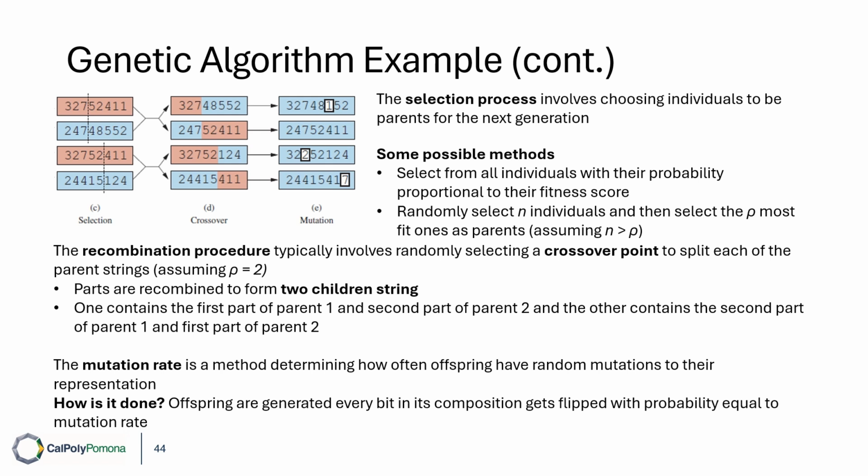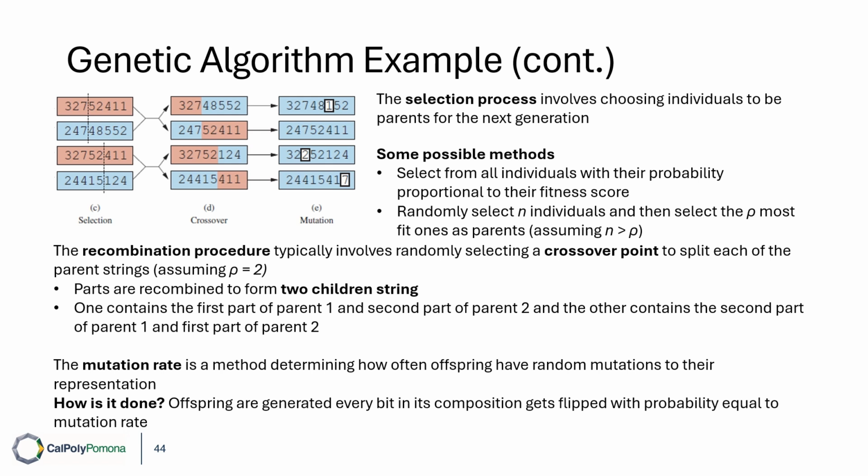We then randomly select individuals and select the P most fit ones as parents, with the assumption that N is greater than P. Now, the recombination procedure typically involves the selection of a random crossover point on each of the parent strings. Two offspring are created, one with the first part of parent 1 and the second part of parent 2, and the other vice versa, so the second part of parent 1 and the first part of parent 2.